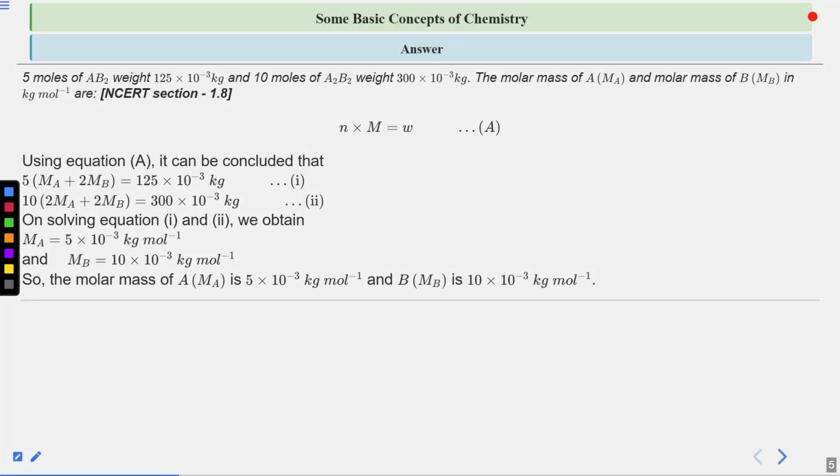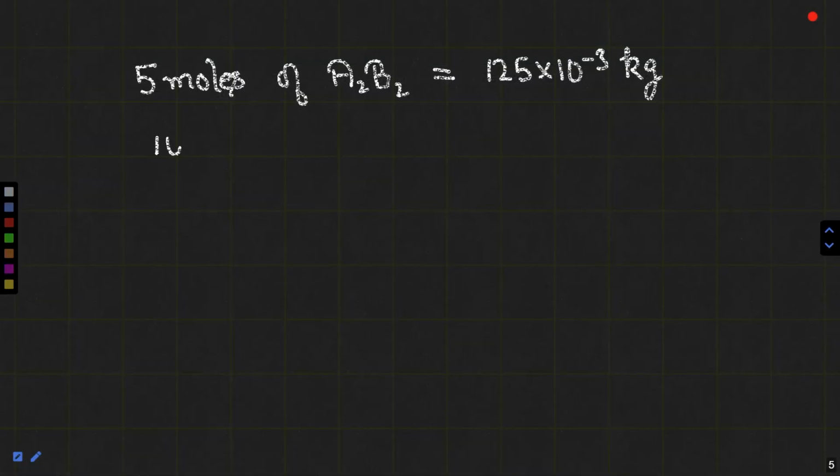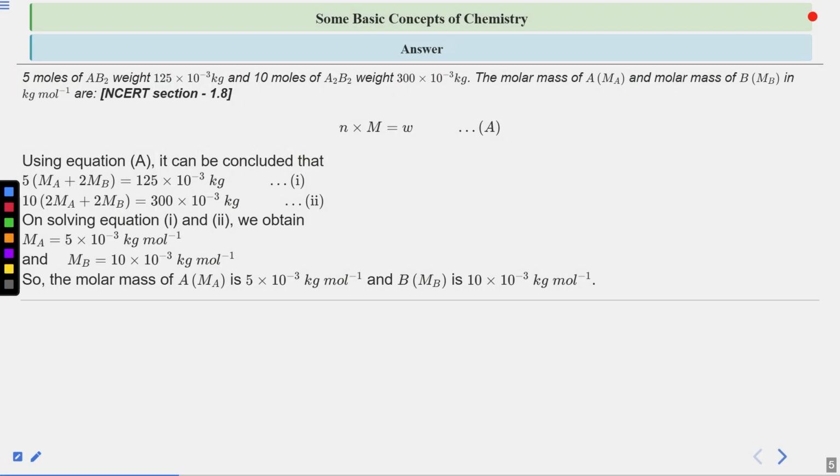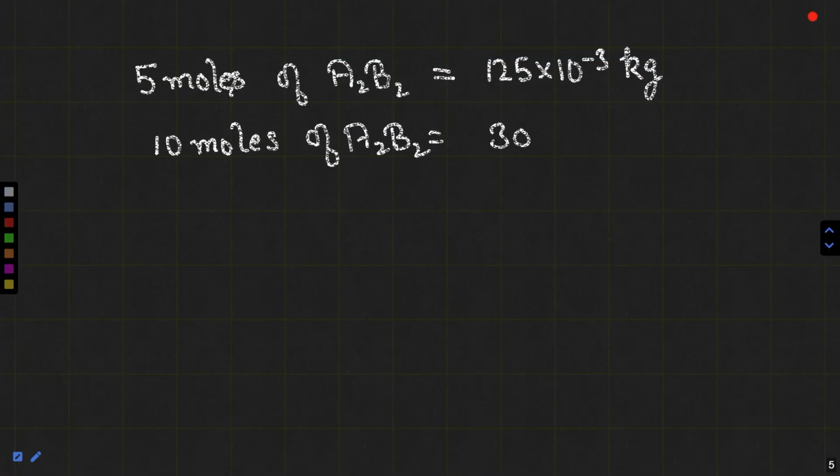Then we have 10 moles of A2B2 whose mass is given as 300 into 10 to the power minus 3 kg. Is this clear? Are these two data clear to you? Anyone has any doubt in this data?